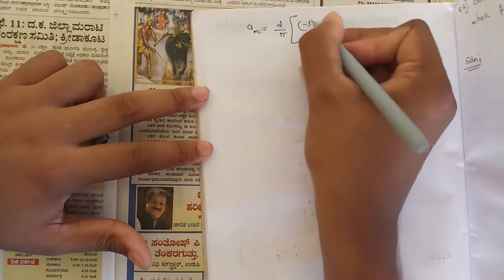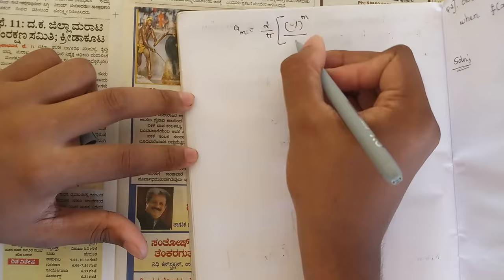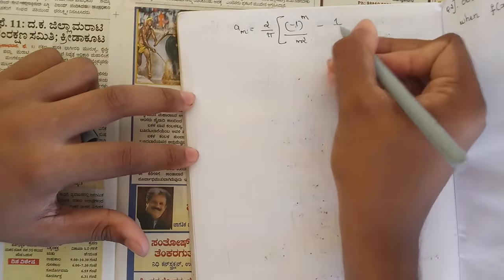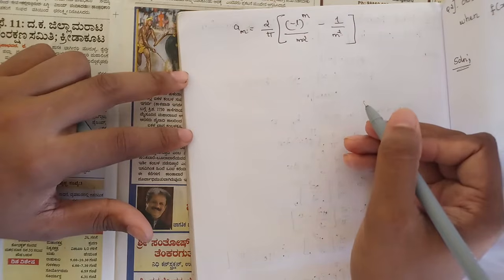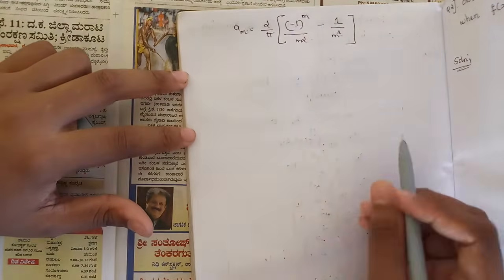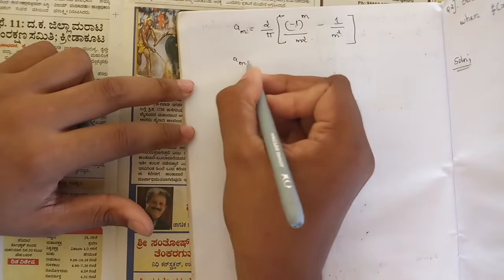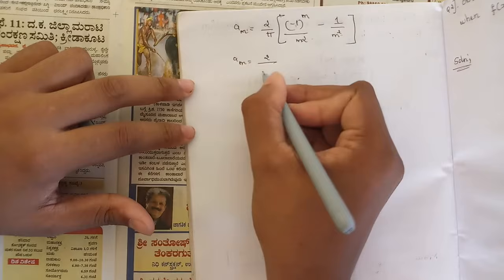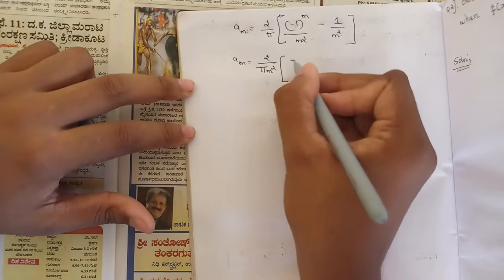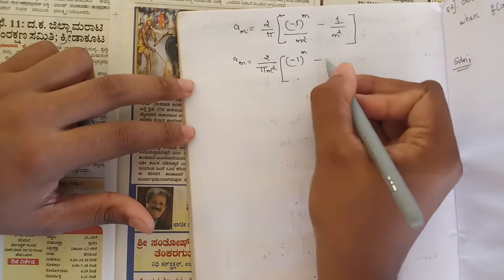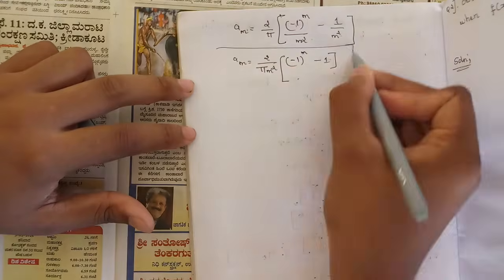The value of cos n pi is minus 1 to the power n, so we get minus 1 to the power n by n square minus 1 by n square. Here the 1 by n square term is common, so we take it outside, that is 2 by pi n square, and whatever remains is minus 1 to the power n minus 1.